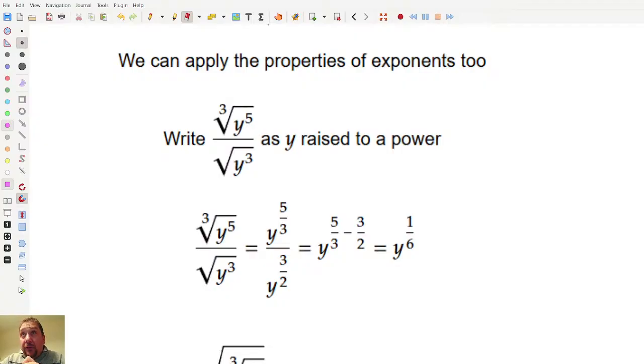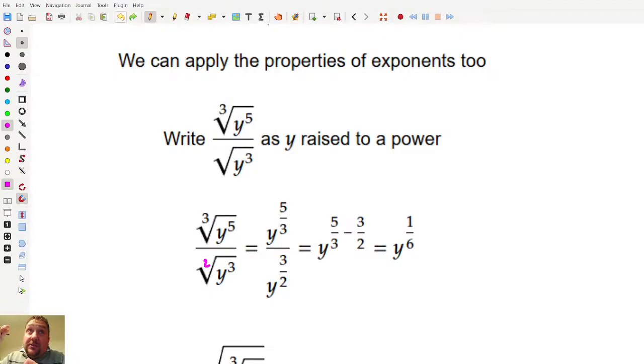So the fractional exponent is going to be 5/3, which is written right there. In the denominator, the invisible index is 2 and the inside exponent is 3. So the denominator can be rewritten as y to the 3/2, as we see right here.